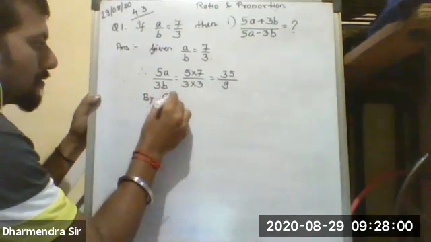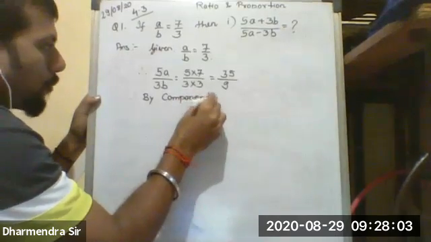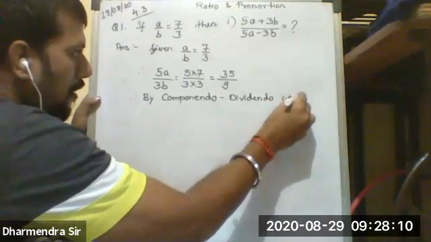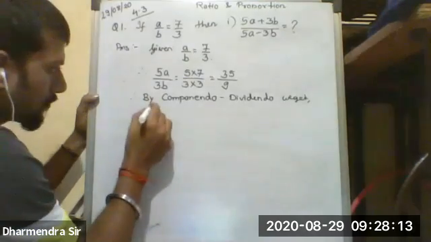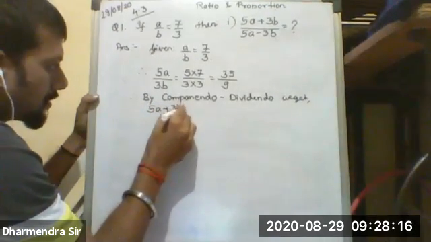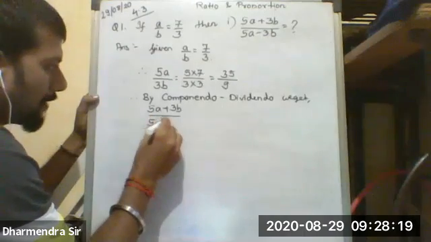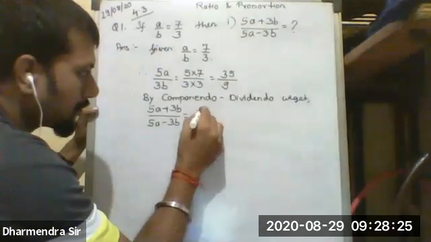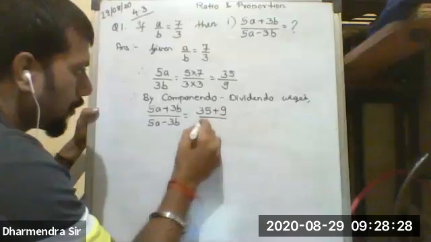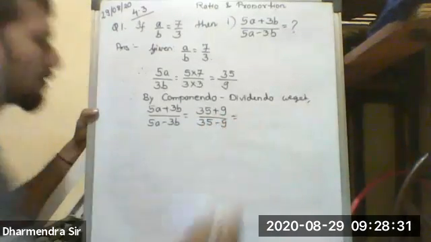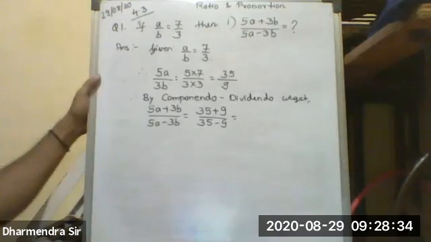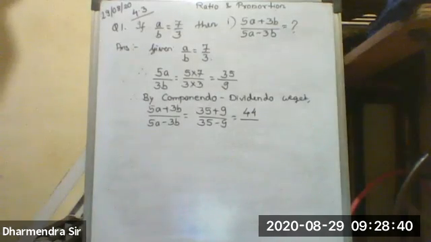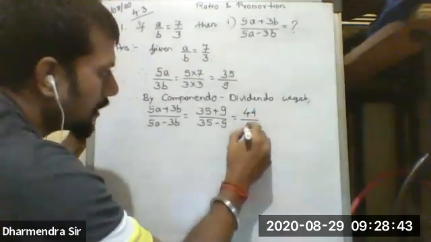Therefore, by componendo dividendo, we get 5a plus 3b upon 5a minus 3b is equal to 35 plus 9 upon 35 minus 9. 35 plus 9 is 44. 35 minus 9 is 26.